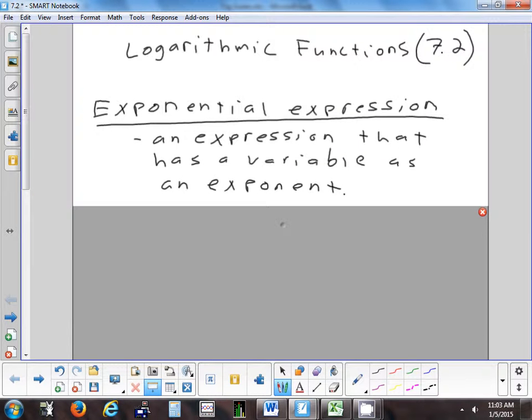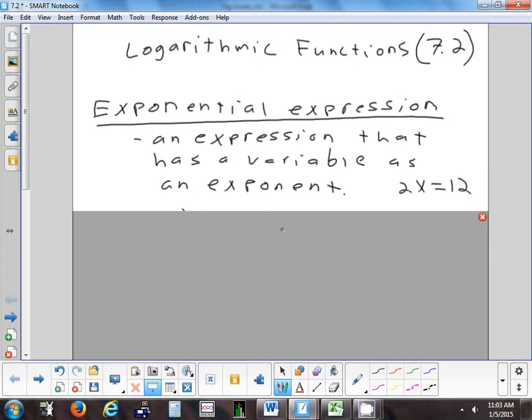Let me start out just by defining the thing I just had on the board. That was called an exponential expression. Very simply, an exponential expression is any expression that has a variable in the exponent. This is not an exponential expression: 2 times x equals 12.